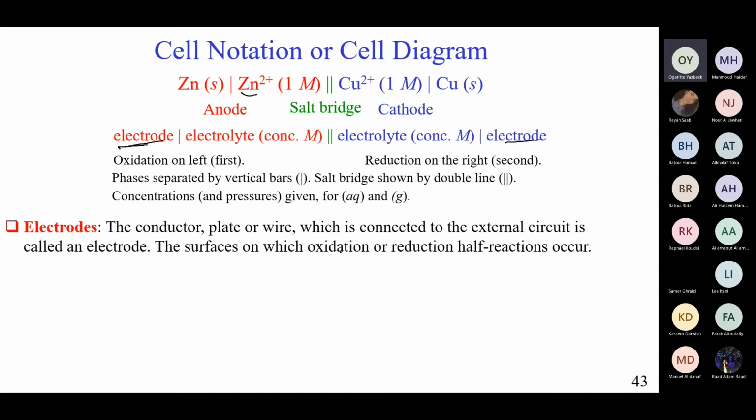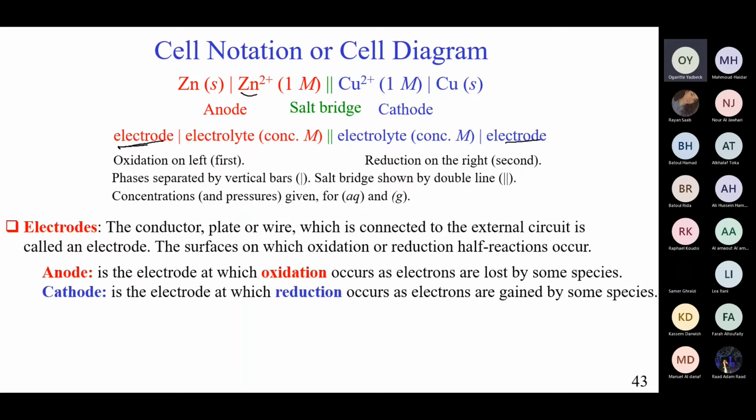The surface on which oxidation or reduction is occurring. On the surface of these electrodes is where oxidation and reduction take place. Anode is the electrode at which oxidation occurs as electrons are lost. Cathode is the electrode at which reduction occurs as electrons are gained.